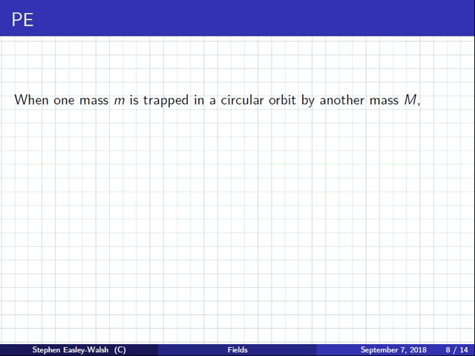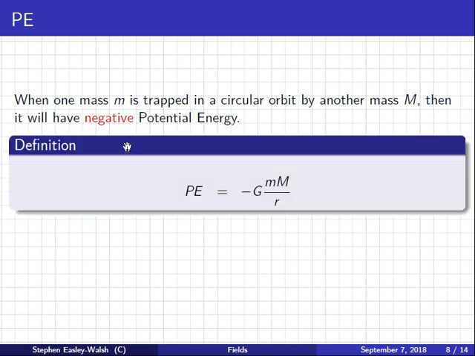So G, instead of Q, it's... Yeah, so what do you think? It's G M1 M2 over r. It's also negative. Why is it negative? Because it's trapped as well. So, you're not surprised that this is the formula for gravitational potential energy.